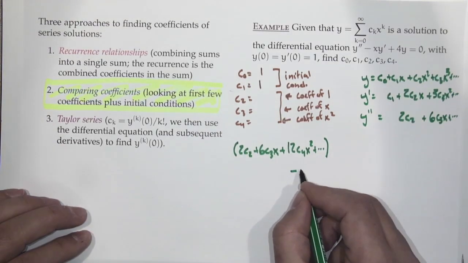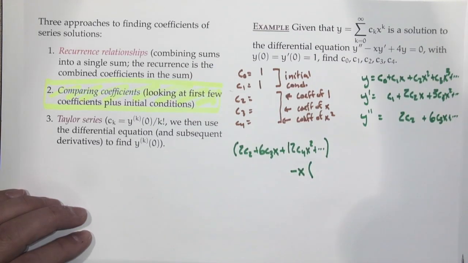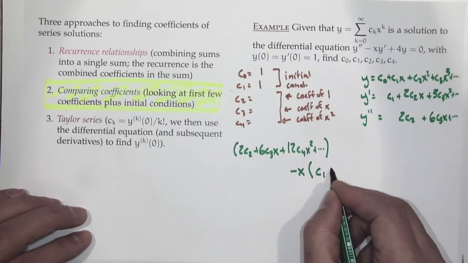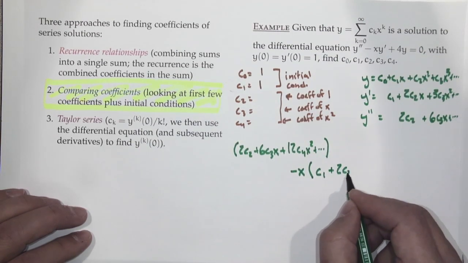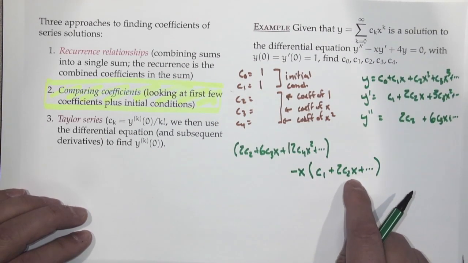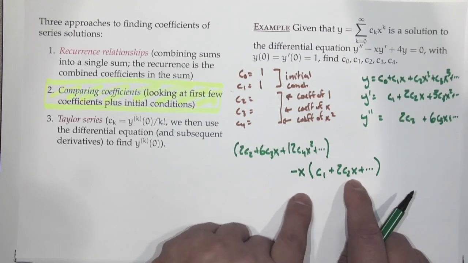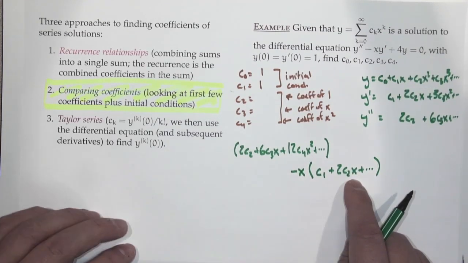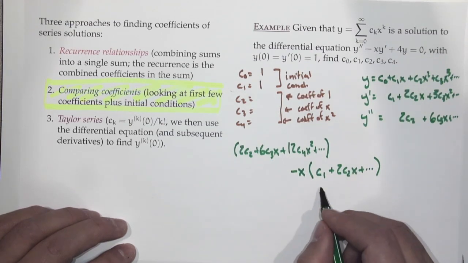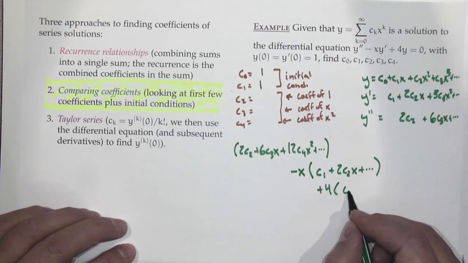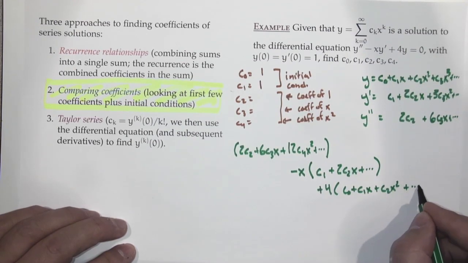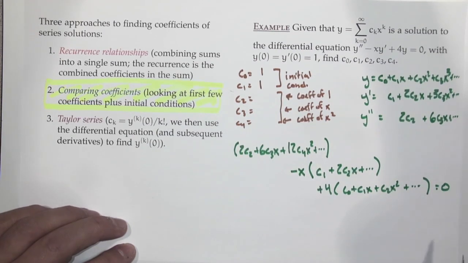Subtract x times y prime. How far do I need to go with y prime? Why do I stop at the 2c2x? Because I already have an x here, which bumps my powers up by 1. It's okay to be generous, but if you're being frugal, you can stop there. And then plus 4 times c0 plus c1x plus c2x squared plus dot, dot, dot. And all that equals 0.